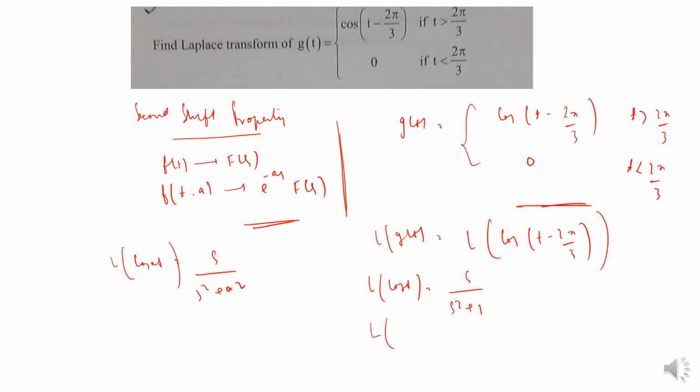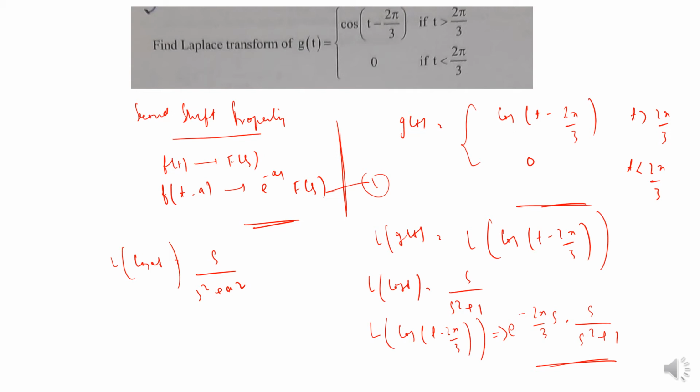The Laplace transform of cos of t minus 2 pi by 3, just like equation number 1, we can write as e power minus 2 pi by 3 into s by s square plus 1. This is the answer.